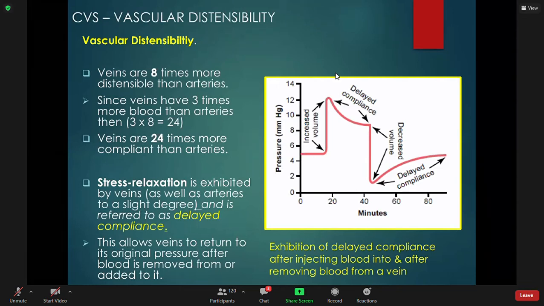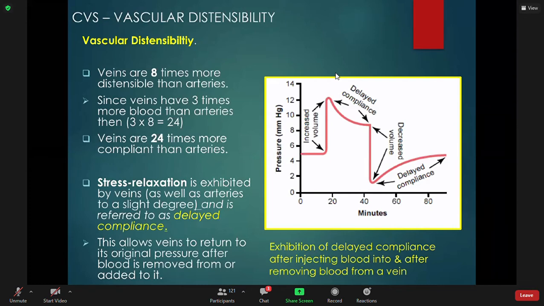But over a period of a few minutes, the pressure will decline even if the volume of blood remains the same, because the smooth muscle in the arteries will relax, accommodating the volume and therefore decreasing the pressure.